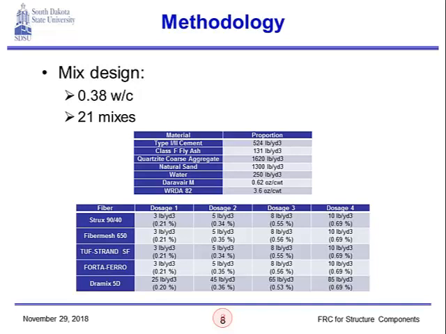The only difference between the 21 mixes is the fiber type and the dosage that was used. So we have one control mix, which didn't have any fibers in it, and then 20 mixes which consist of 5 different types of fibers, each with 4 different dosages: around 0.2% by volume, 0.34%, 0.55%, and 0.69% for each of the fiber types.